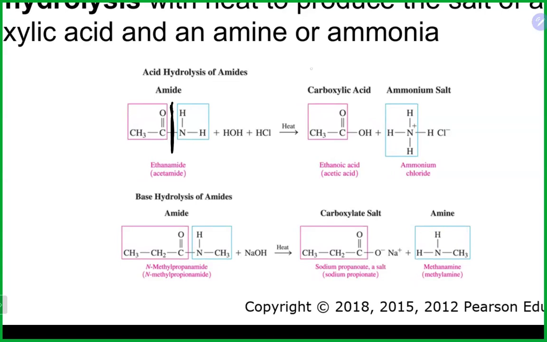You just want to break it back into its kind of parts, which will look something like this. And we basically have this part here as well. So in this particular case, we have sort of a carboxylic acid part, and we have an amine part, or something that comes from ammonia in this case.